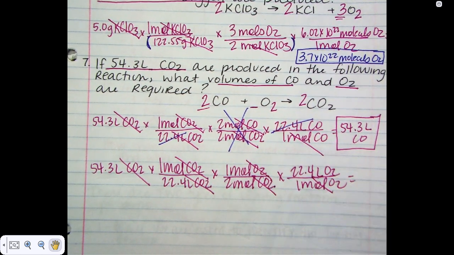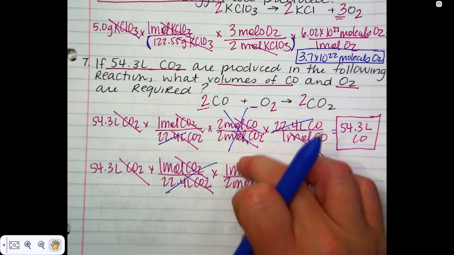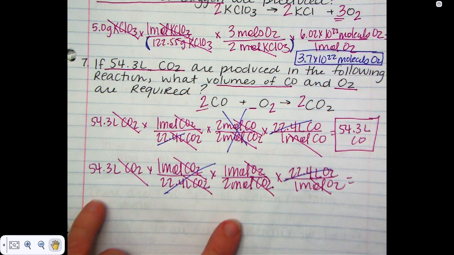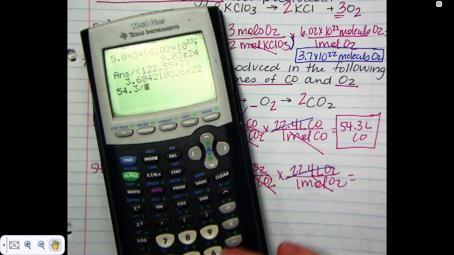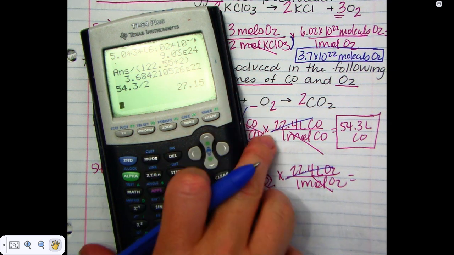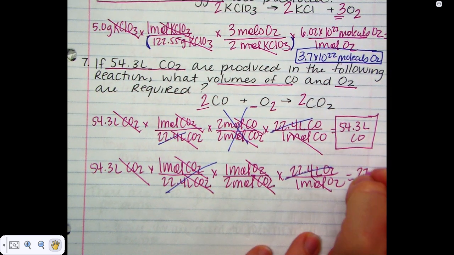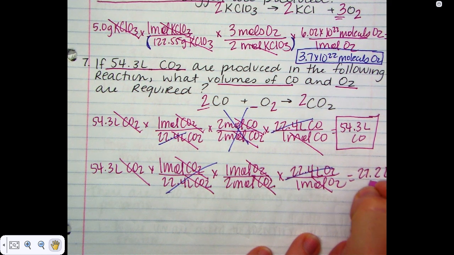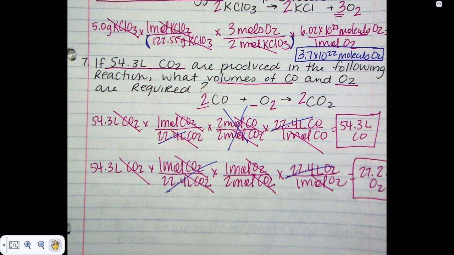All right, so what happens this time? Well, the 22.4 and the 22.4 still cancel, but this does not cancel. So I'm going to take my 54.3 and divide by 2. 27.15 to 3 sig figs, that's going to be 27.2 liters O2. Okay, you're going to follow those same procedures every time, all right? Whatever you're in, go to moles, mole bridge, convert out.